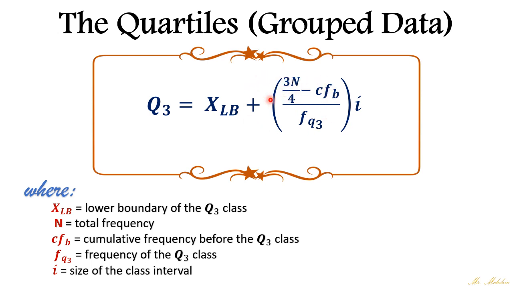For example, Q2 equals lower boundary of the Q2 class plus 2n over 4 deducted by cumulative frequency before, and then divided by frequency of the Q2 class and multiplied with your size of class interval.